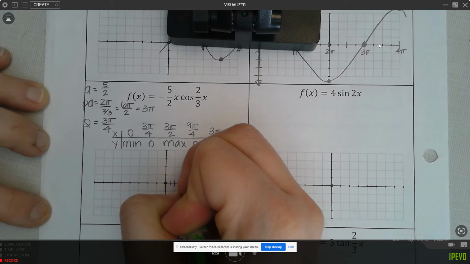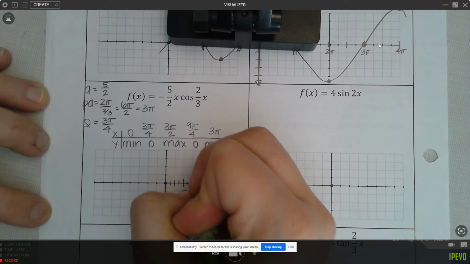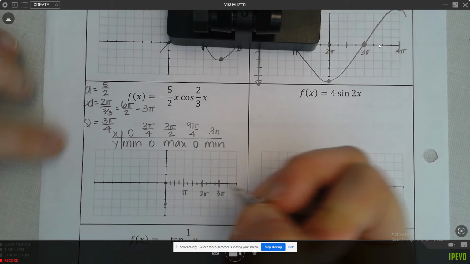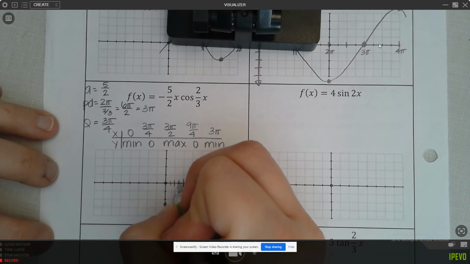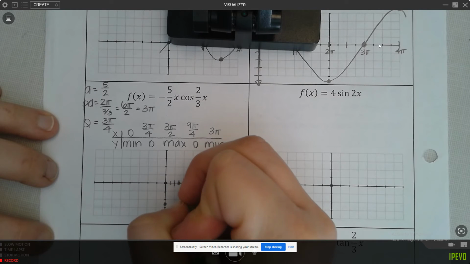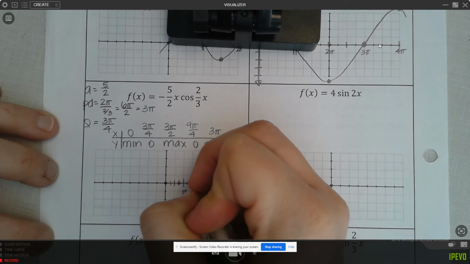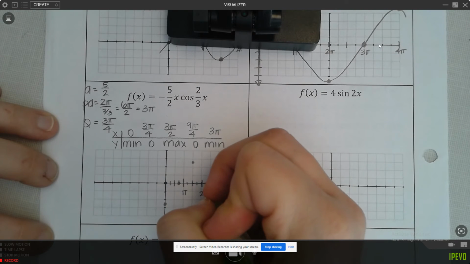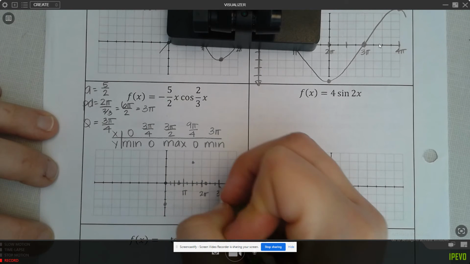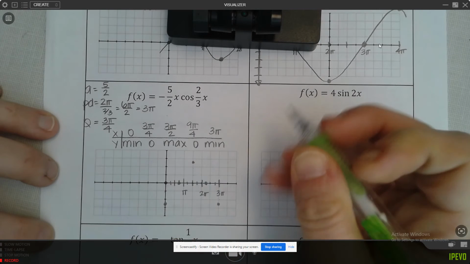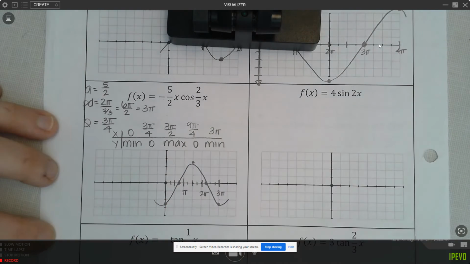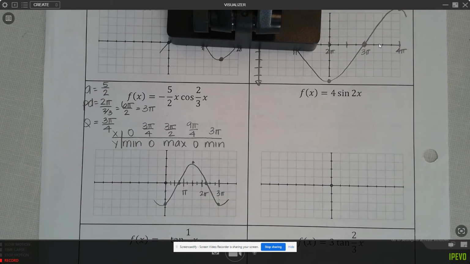Okay, so I'm going to start at 0, and my minimum, so it means I need to go down to 2.5. 3 pi over 4, so 1, 2, 3 pi over 4 is back at my 0. 1, 2, 3 is at my maximum, so 1, 2.5. 1, 2, 3 is back at my 0. 1, 2, 3 is back at my minimum, and should end where you want it to. So there's that next one.